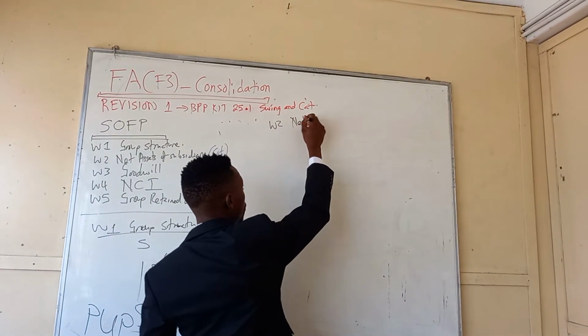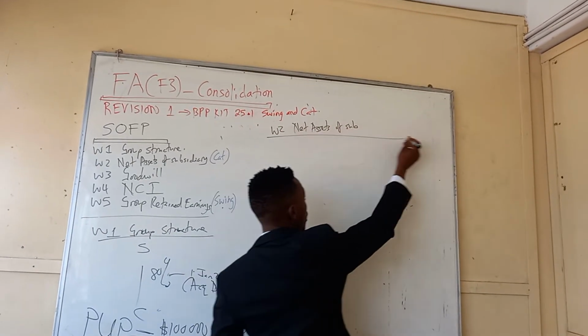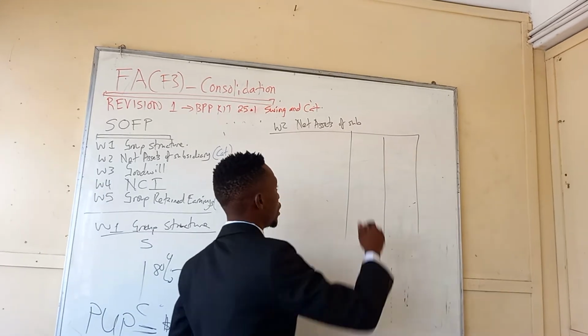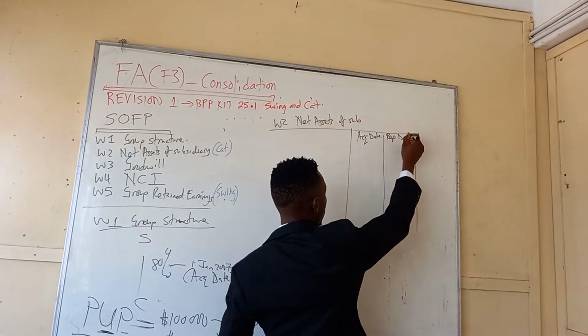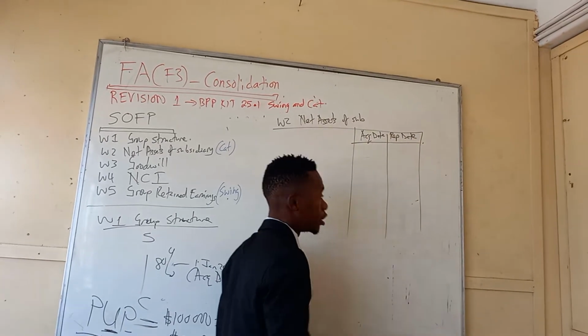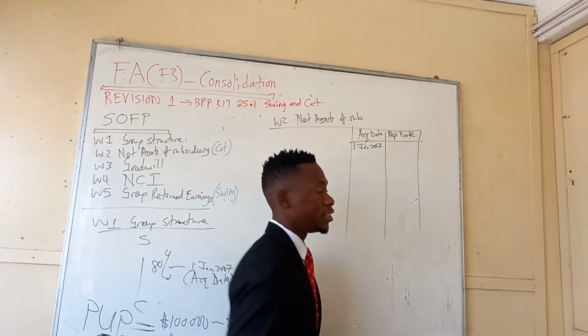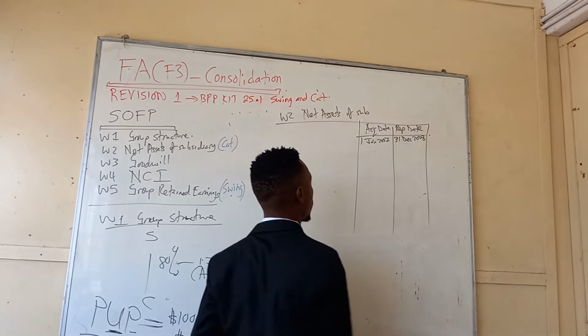W2, the net assets of subsidiary. We have the acquisition date, we have the reporting date. We acquired on 1 January 2007, then the reporting date is the 31st of December 2008.